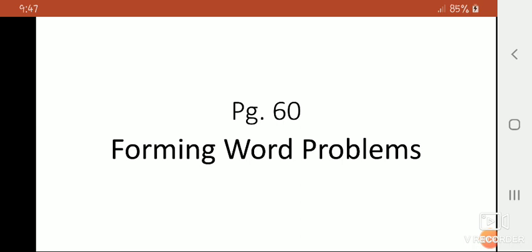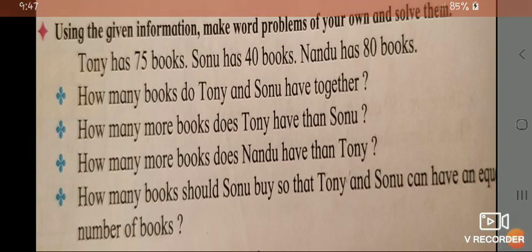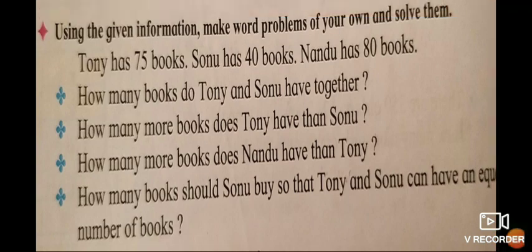You will be given information and you will have to make a word problem in addition and also in subtraction from the given information. Okay, so let us see what we are going to learn today.